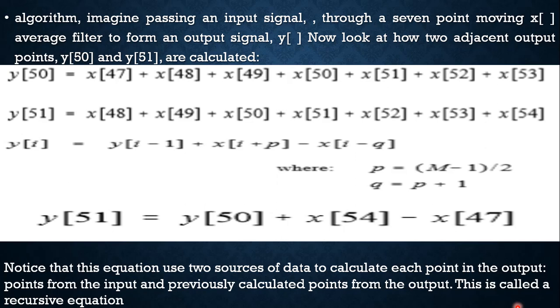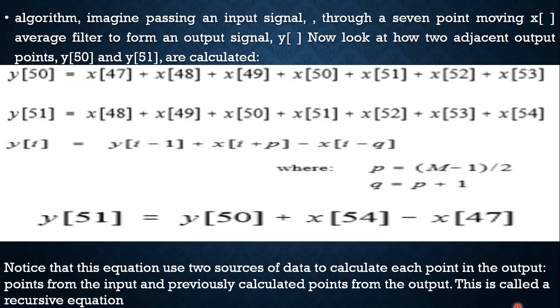Similarly, if we consider y of 51, we will consider x of 51 as the middle point, and we will write an equal number of samples before x of 51 and after x of 51. We can also compare it with the formula given here as y of i equals y of i minus 1 plus x of i plus p minus x of i minus q, where p equals M minus 1 divided by 2.